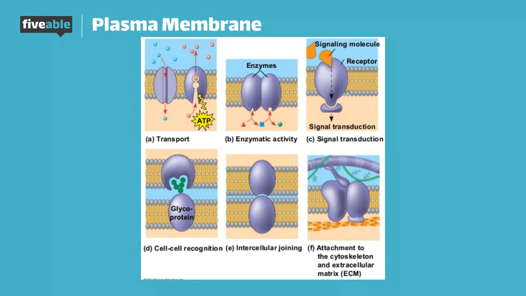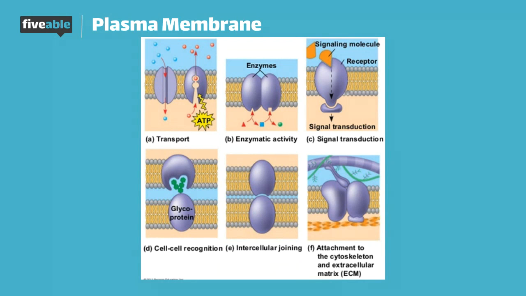Cells can stick together this way, intracellular joining. You see that in E in the bottom middle. And then lastly, they can use these proteins to actually attach to the cellular matrix and create stronger cells, especially with plant cells. In animal cells, they have these extra matrices and cytoskeletons that they can bond to provide some structural support to the cell.